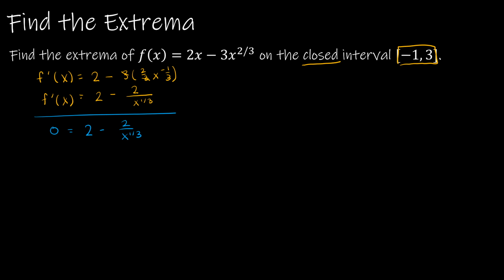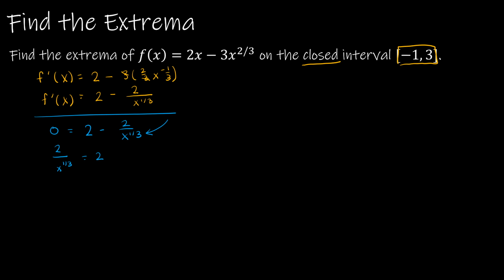So I need to do that, as well as I need to be thinking about where it might be undefined, because in our last question we didn't have any places where the derivative didn't exist. So here, first let's just start with the easier one. I know that 0 is equal to 2 minus 2 over x to the 1/3, or cubed root of x. So if I just move things around a little bit, add 2 over x to the 1/3 to each side.